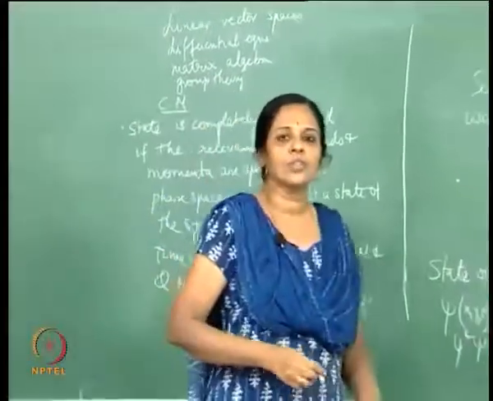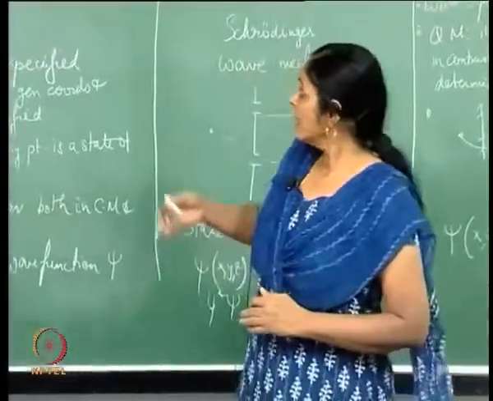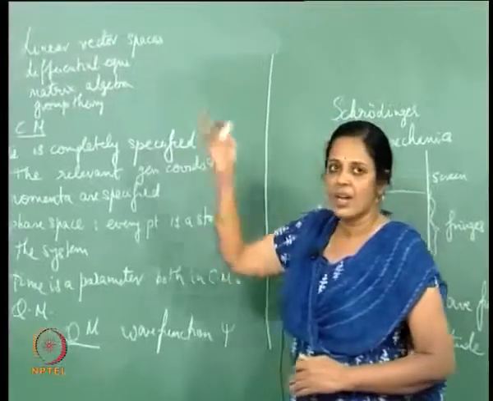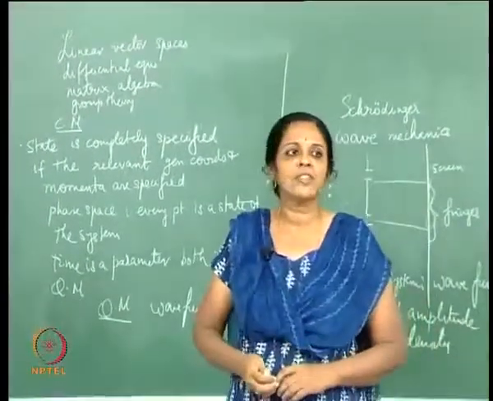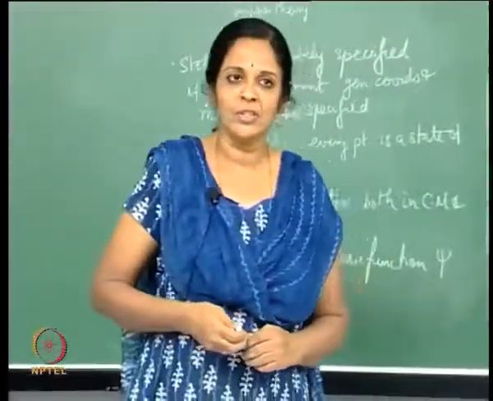So, an understanding of the quantum world really amounts to seeing how exactly mathematical structures are useful in describing the physics in the quantum world and in explaining quantum phenomena.